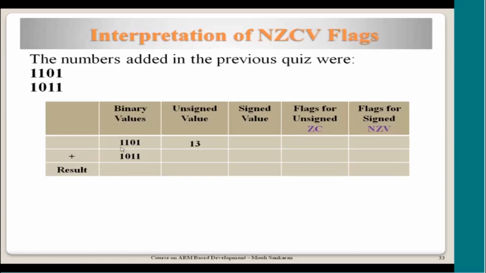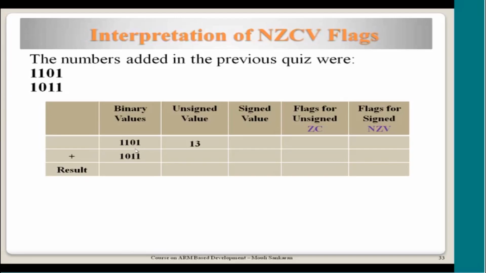Remember it is a 4-bit number, so this is the MSB. If it is 1, this is actually a sign bit, so it is a negative value. Maybe I have not mentioned it, but in this processor, especially ARM, and most processors, 2's complement is used as the representation for signed numbers. So in this case, it is representing 2's complement.